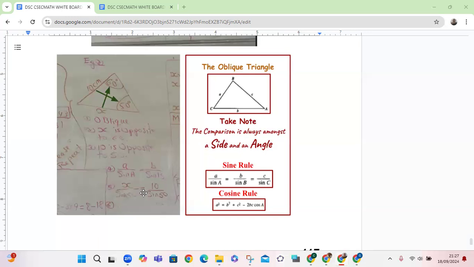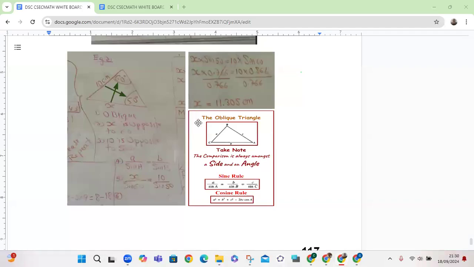So now you're going to cross multiply and then divide. To cross multiply, we multiply X to sine 50. Here it is, X times sine 50, because we go diagonally across, and then 10 to sine 60. 10 times sine 60.